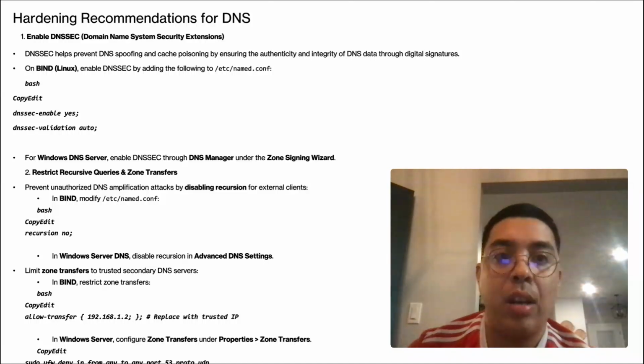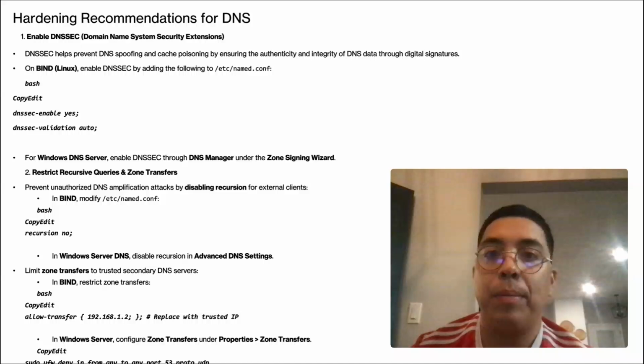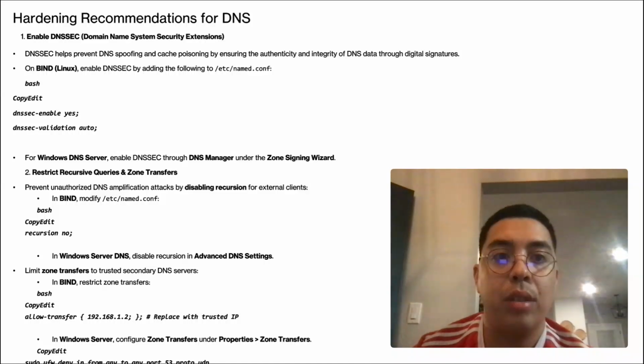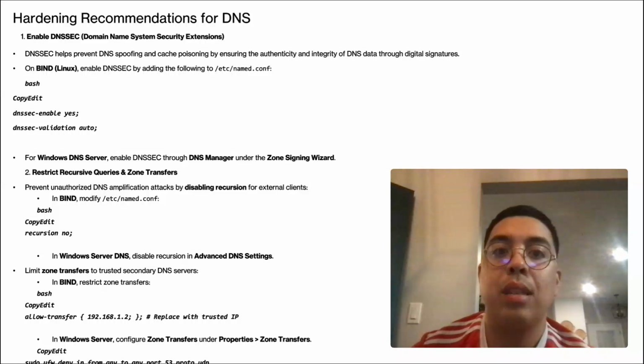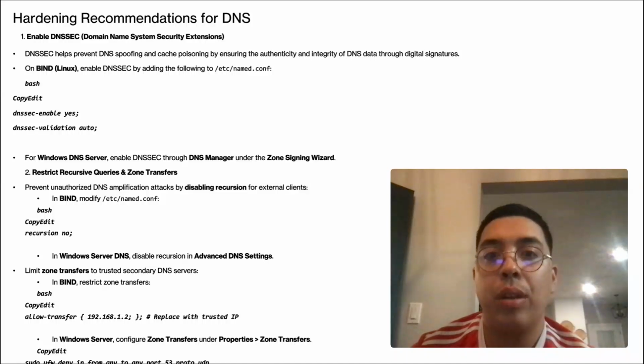Lastly, hardening techniques and recommendations to secure DNS. To secure DNS, we can enable DNSSEC to prevent spoofing, restrict recursive queries to prevent amplification attacks, and implement firewall rules to limit unauthorized access.